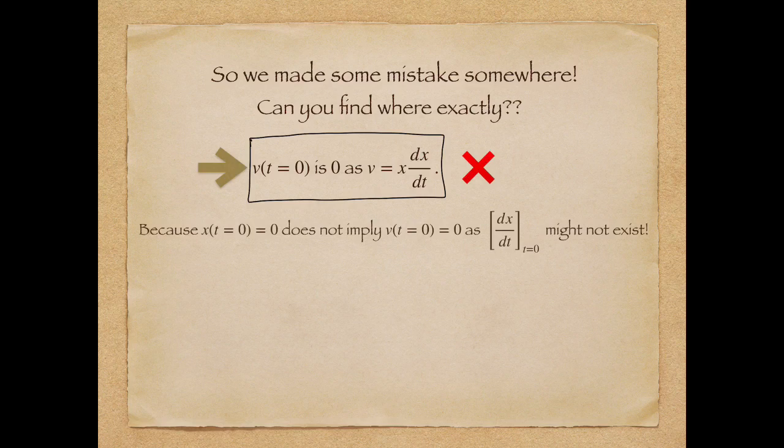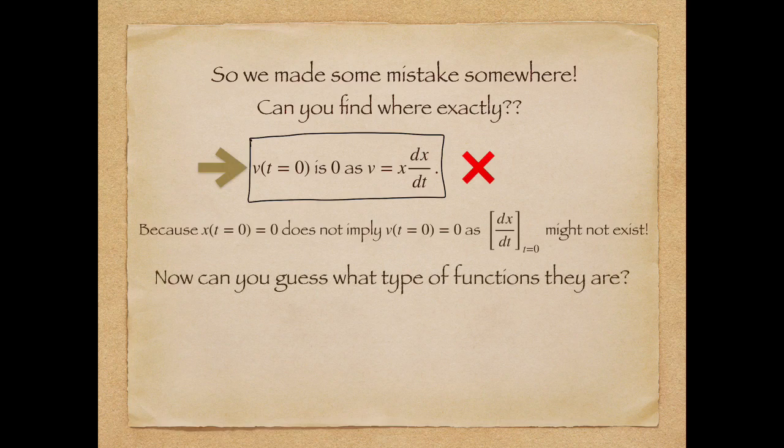So we cannot calculate v at t equal to 0 from this equation by just putting x at t equal to 0. So x here is a function which is 0 at t equal to 0 but is not differentiable at t equal to 0. Now can you guess what type of functions they are?